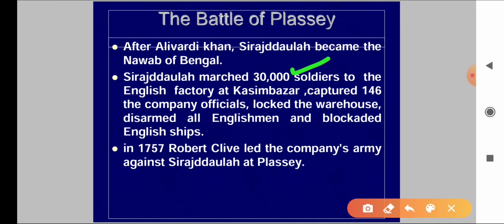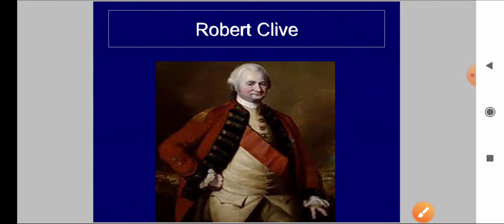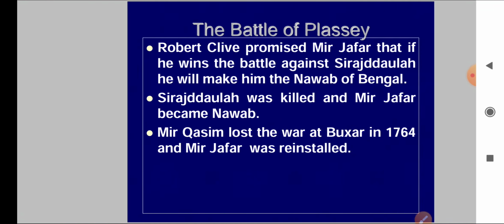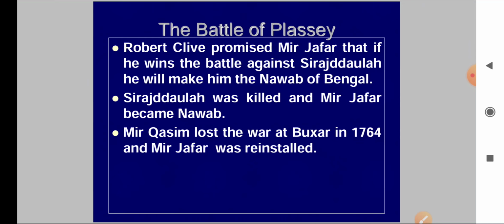Now Britishers realized that it was their time to take action. Their governor was Robert Clive, who was a very ambitious person. So he decided to take revenge for this incident. Ultimately, Robert Clive knew very well that Sirajuddaullah's army was very powerful.